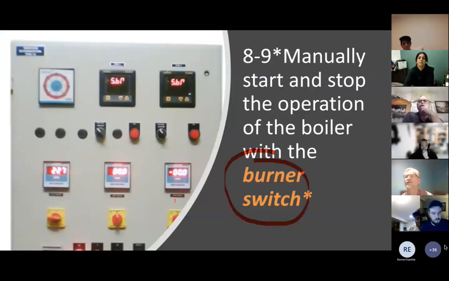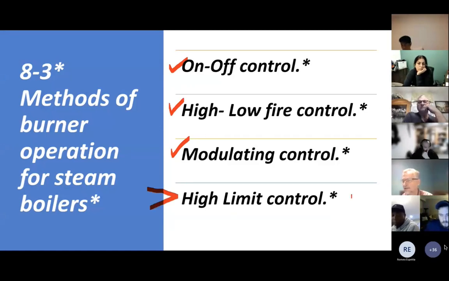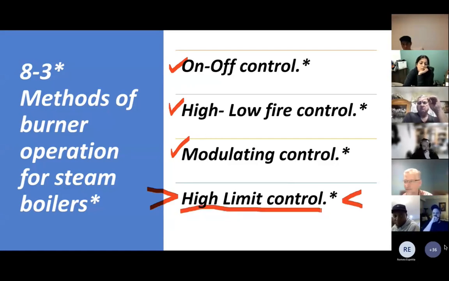A burner switch. So one of the switches here will say burner switch. Methods, all of the above: on-off control, high-low fire control, modulating control, and high limit control. I didn't check this one off because this is not a control system of its own.